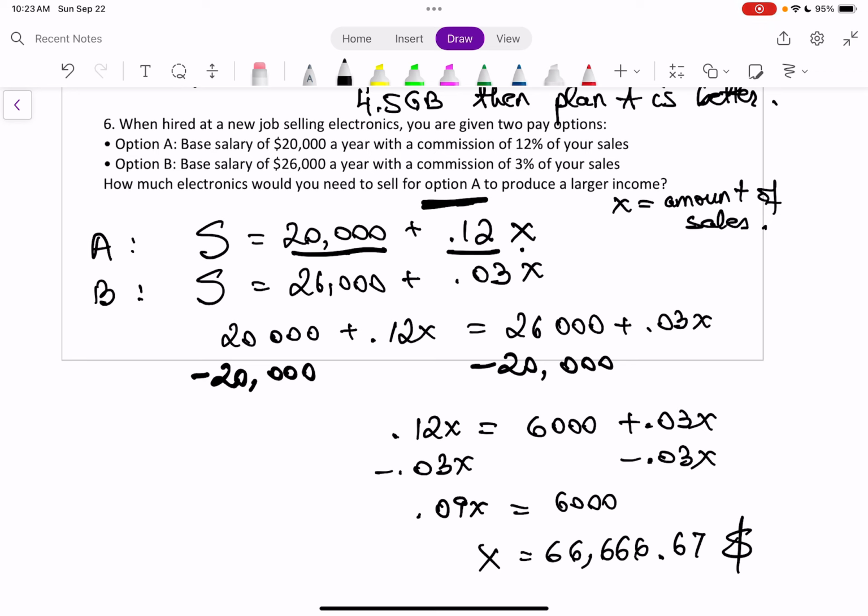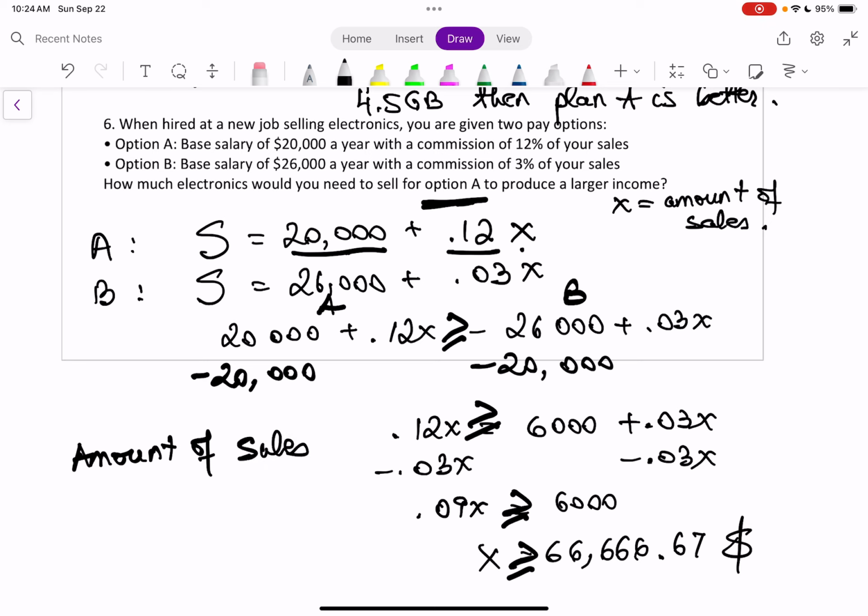So you could have also done this as an inequality. You could have solved an inequality here, because you wanted option A to be more than option B. So as you see, that simply means the amount of sales you need to make to basically make up for this $6,000 difference is $66,666.67.